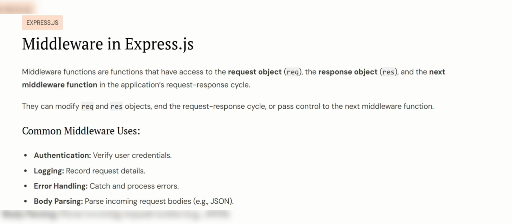The common middleware uses are mentioned here. Authentication, to verify the user credentials; logging, to record the request details; error handling, to catch and rectify the errors; and body parsing, to parse the incoming request bodies like JSON.